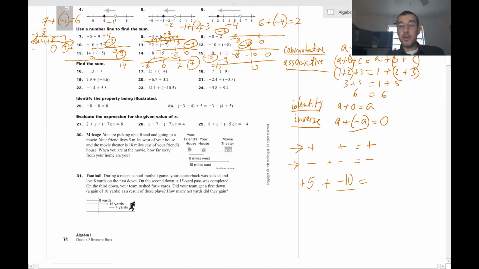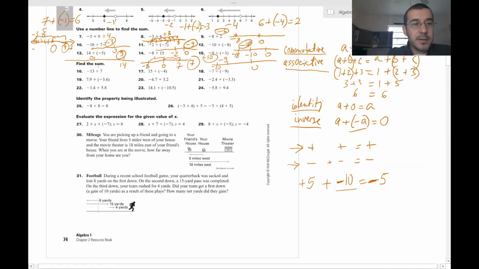So 10 is greater than 5. The sign before 10 is minus. So the answer is going to be minus. And then you subtract the smaller from the larger number. So 10 minus 5 is 5. So this becomes minus 5. So that's pretty much the idea of adding.